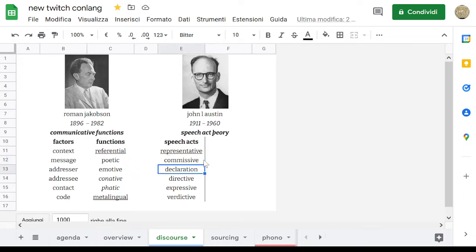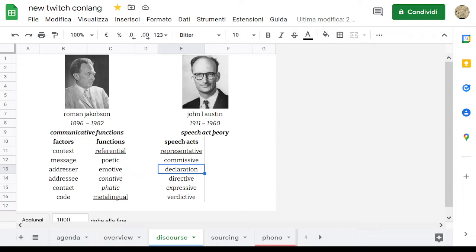Then we have a declaration. And a declaration is when the language, the communication or the language, has the job of declaring that something is the case that was not the case before. Declarations often change the sort of social reality of the context from what they were before.